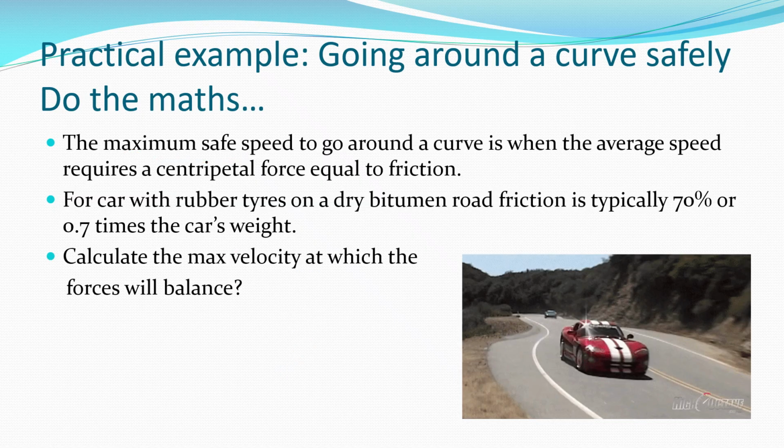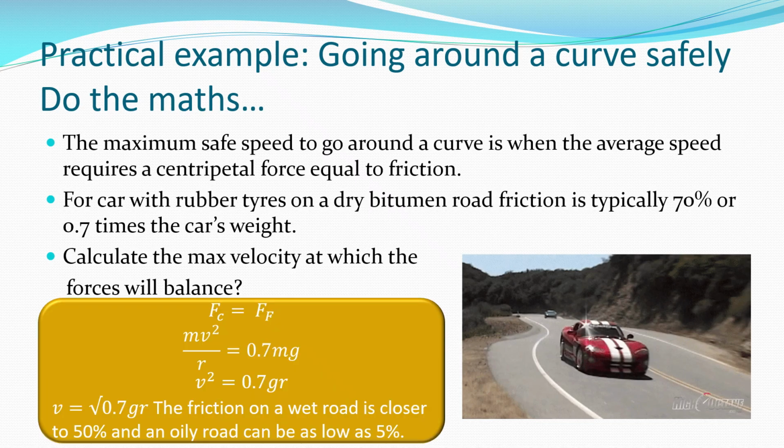So hence, can we calculate the maximum velocity? In this scenario, the forces have got to balance. Note what it says there: the friction with the road has got to equal the centripetal force for it to safely go around the corner. So let's flesh that out and see what we can come up with. Centripetal force is equal to the force of friction. Sub in my formulas. The centripetal force is mv squared over r, and we saw the friction was 0.7 mass times gravity.